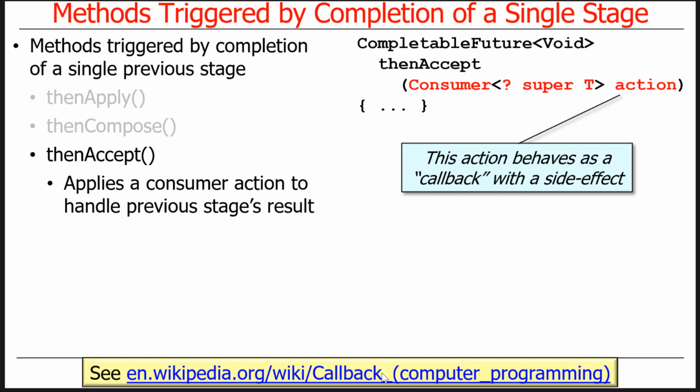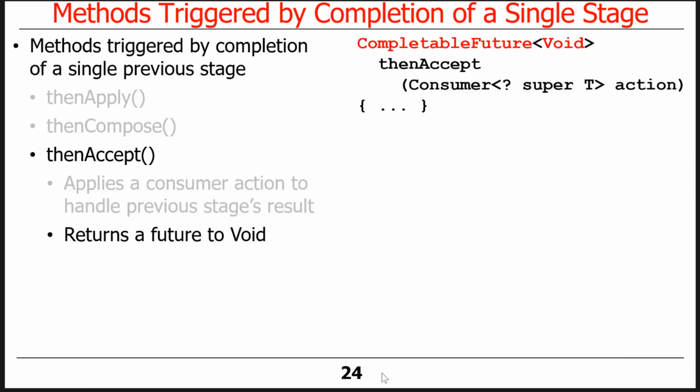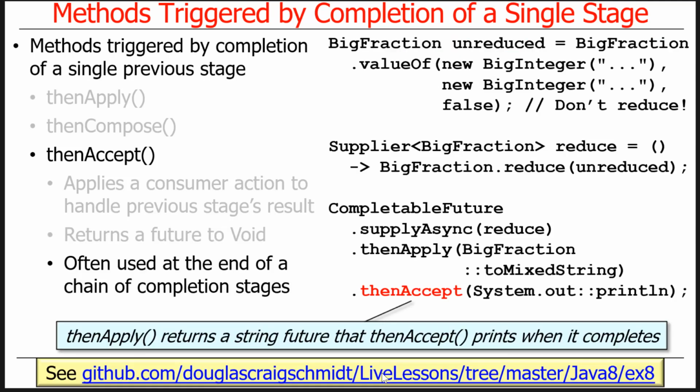So as you'll see, there's callback-like behavior that has some kind of side effect because, as you can see, it doesn't return a value. So thenAccept does not return a value. It returns void, which means there's no value returned. You get a CompletableFuture back, which you could join on, for example, but you can't actually get a result.